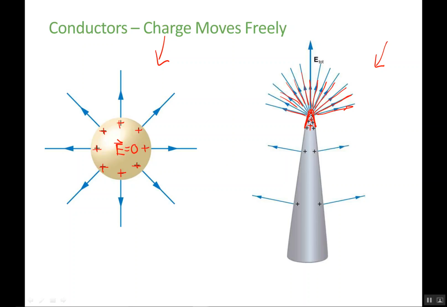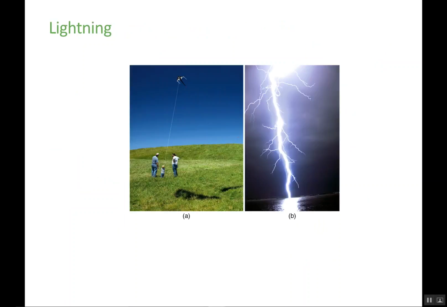This is actually one of the properties of a lightning rod that makes it useful for dissipating charge buildup on objects, via a process called corona discharge. And I'll show you a video illustrating corona discharge in class as well.